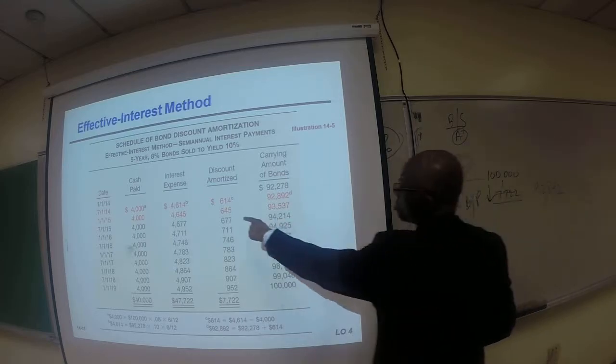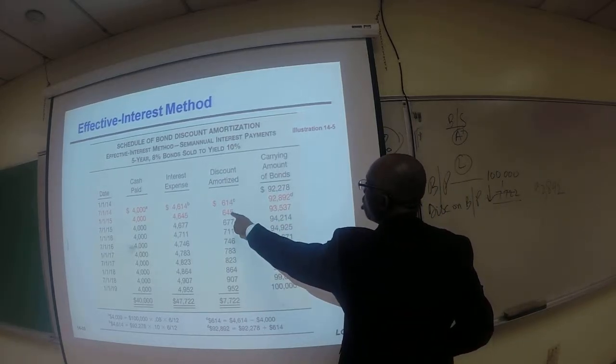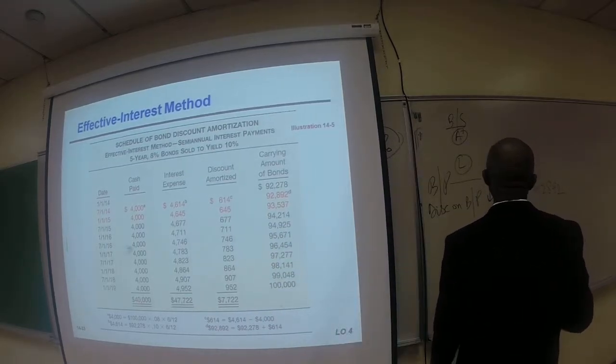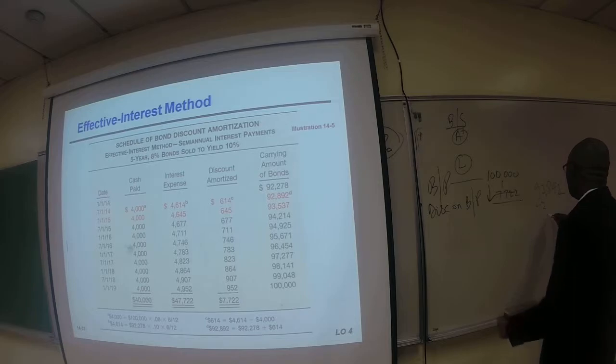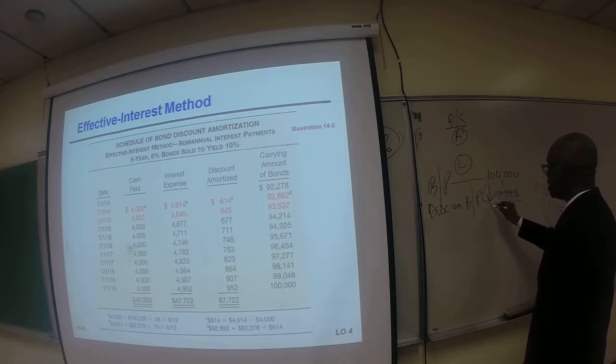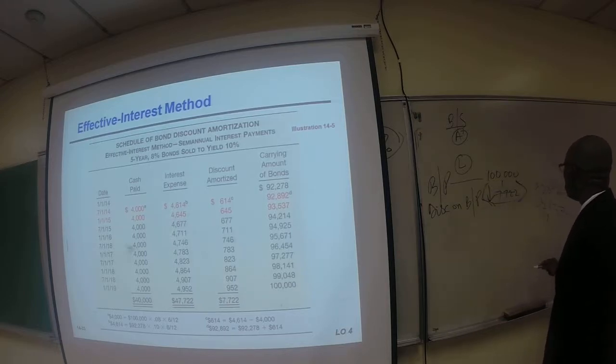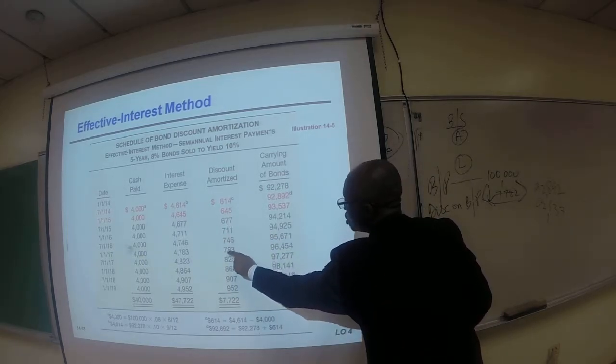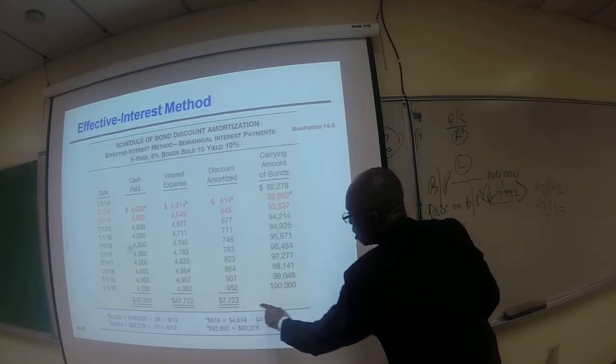Then the next 6 months, the discount on bonds payable went down again by 645, and the carrying value went up to 93,537. Of course, as you know, discount on bonds payable is a contra account to bonds payable. So discount on bonds payable goes down every 6 months by this amount.